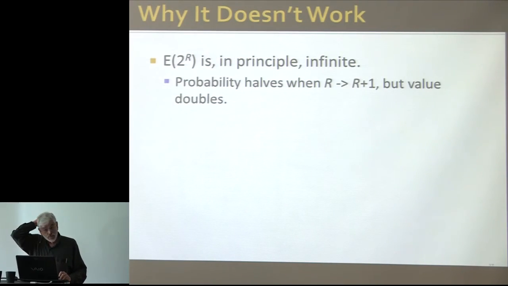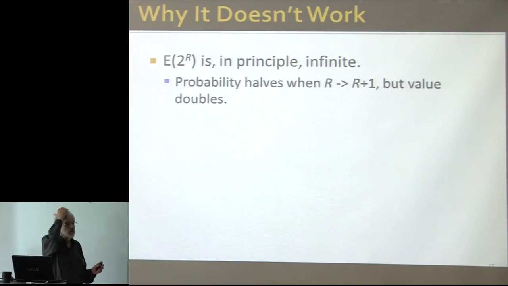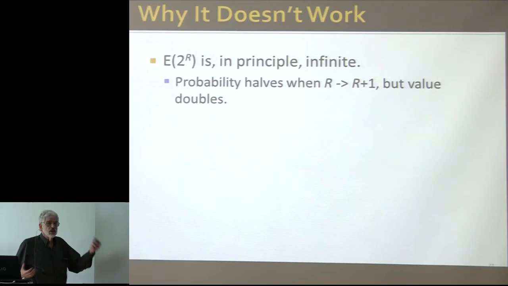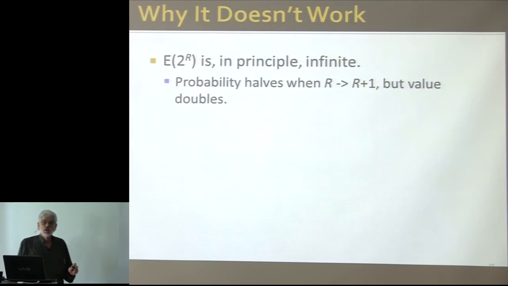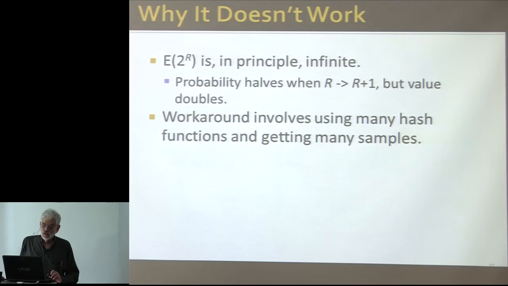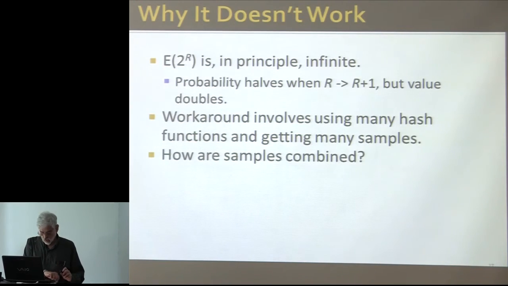If you replace r by r plus 1, then it is true the probability that r is that big goes down by a factor of 2, but the value doubles. So when you sum all the possible values of capital R, you get an infinite sum. So what we really want to do is have a break, which we will in a second.